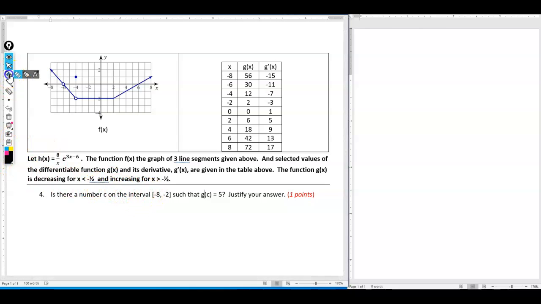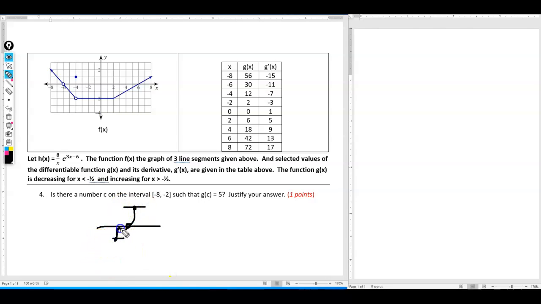So just to refresh your minds about what that is, basically this means that if a function goes from here to here, doesn't matter how you get there, if it's continuous, it had to cross some other point in the middle between those 2 points. That's the intermediate value theorem.